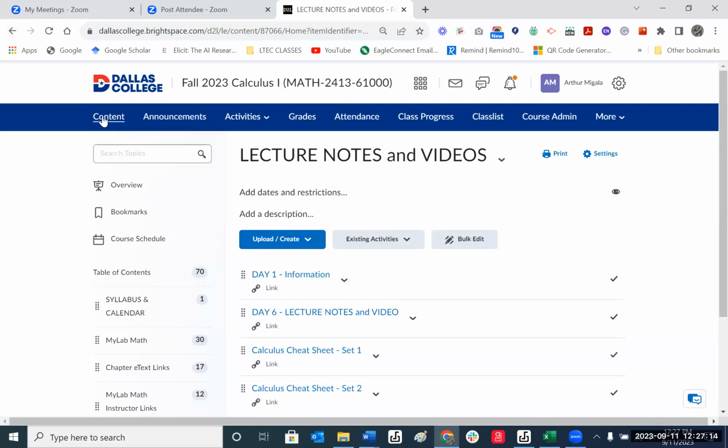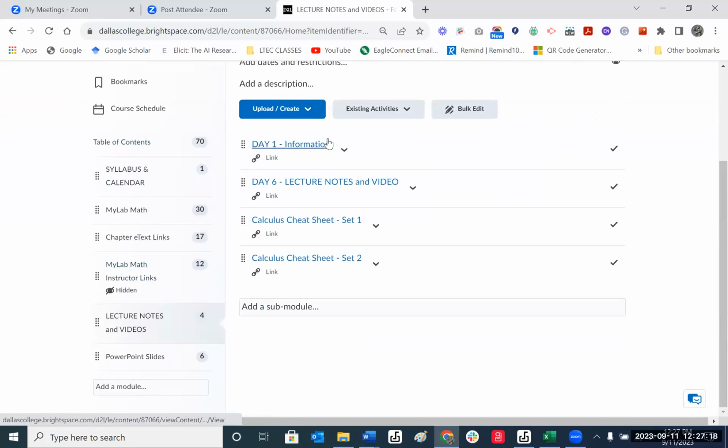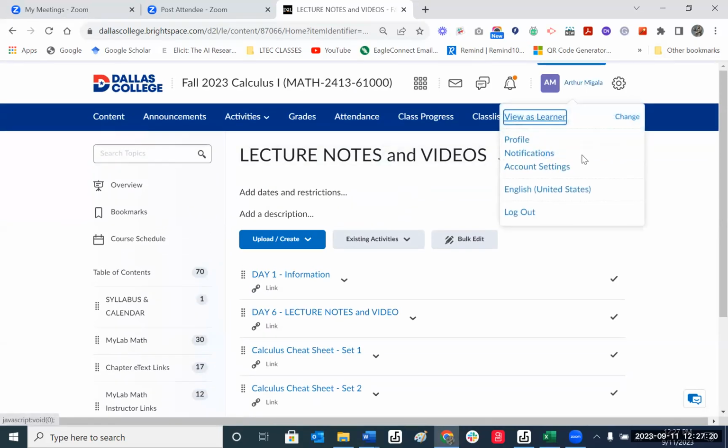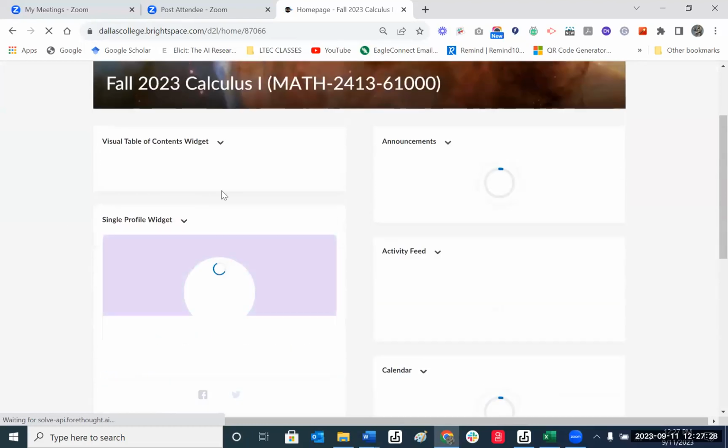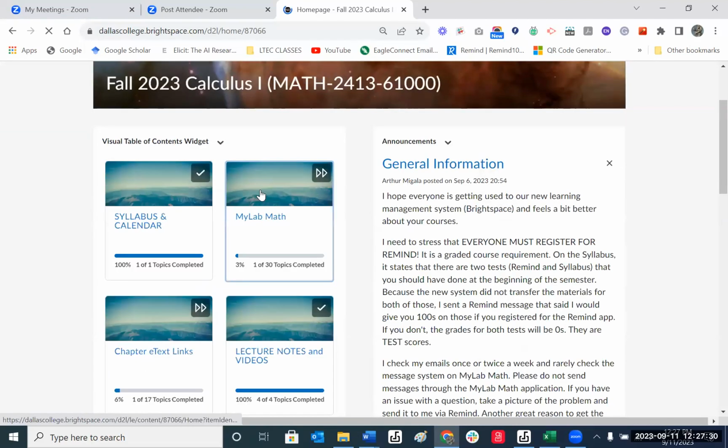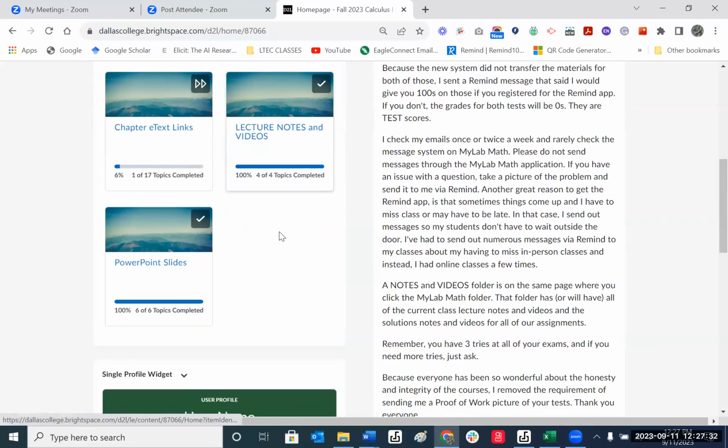If you go back to here and look on the left-hand side, here's what you guys will see. I also attached PowerPoint slides because people were asking for them to supplement what's going on here.